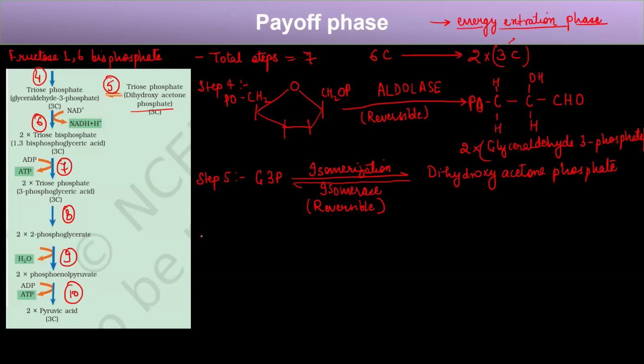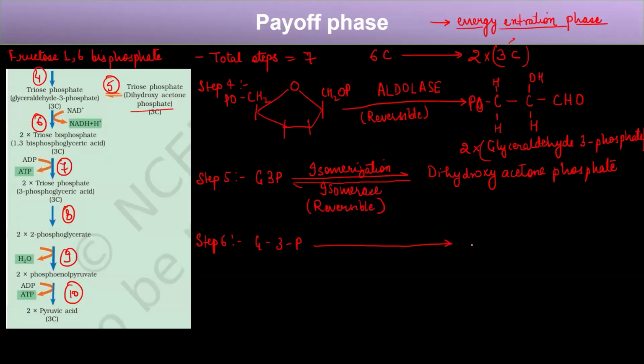Now, in step 6, this glyceraldehyde 3-phosphate forms another triose, a bisphosphate triose, that is 1,3-bisphosphoglyceric acid. Glyceraldehyde 3-phosphate is an aldehyde, and now it is forming the acid.